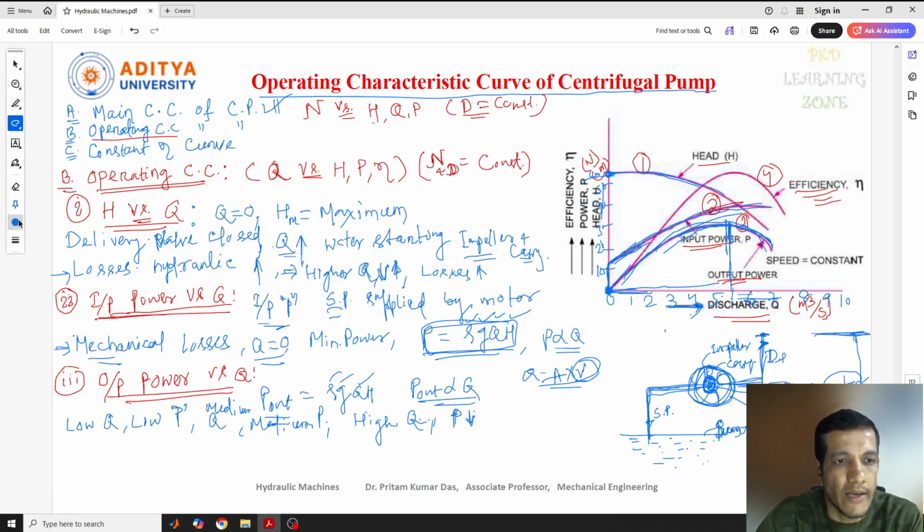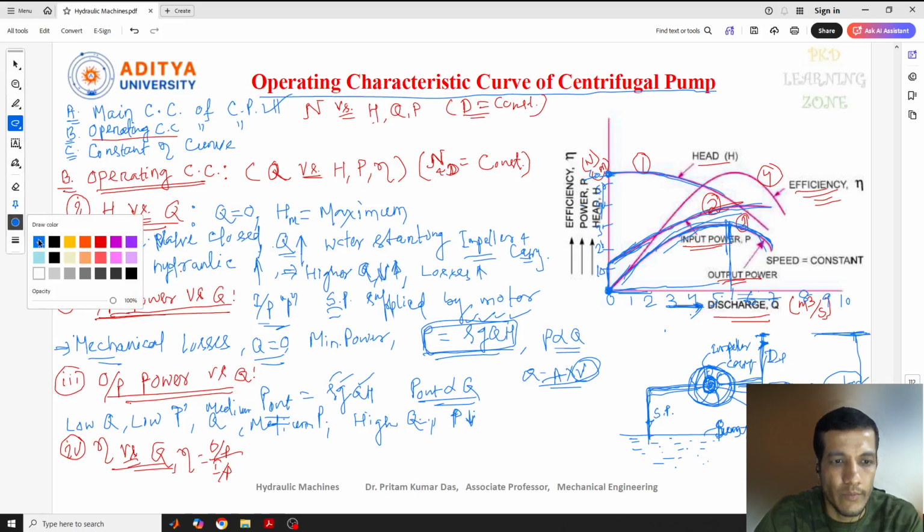The last one is efficiency. When you get these two powers, input power and output power, finally what will we get? Efficiency versus discharge. We know the efficiency formula: output by input. So we got the output power, and input power also.